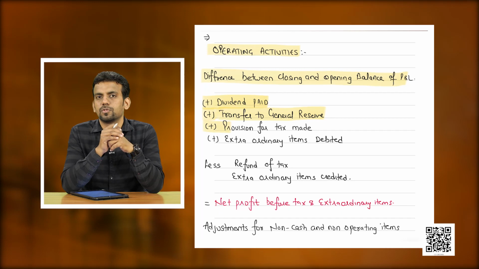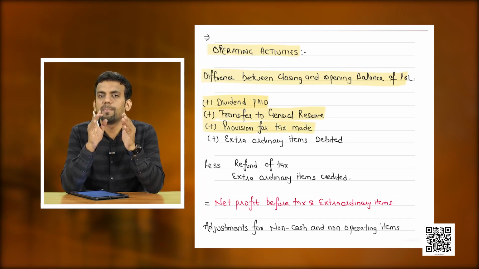Any kind of provision treated as a charge in profit and loss is not attracting any outflow of cash. It is just an anticipation. So we have to add any kind of provision made.